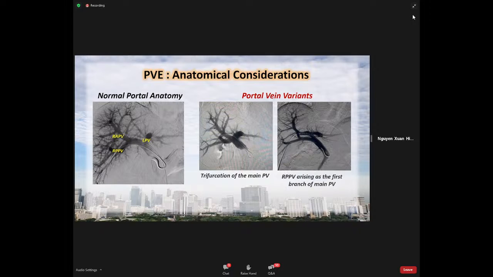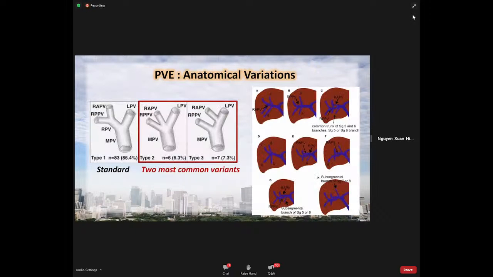Trifurcation of portal vein and right posterior portal vein arising as the first branch are two common variations. In both conditions, if the embolic material migrates, it may go directly into the main portal vein. Many unusual patterns of portal vein branching and variants are also described and have to be considered for embolization planning.